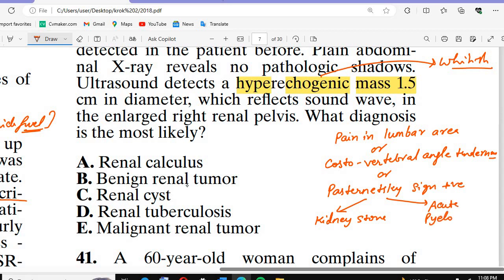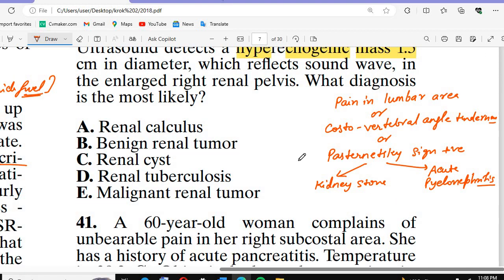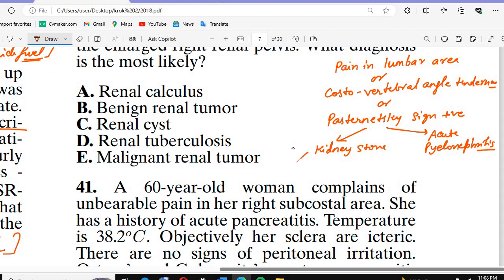So in both these conditions we discussed that there is a Pasternatsky sign, and the kidney stones will be there. And in kidney stones, we studied that there can be colicky pain, along with fresh RBCs in urine, and on ultrasound we see hyperechogenic masses.